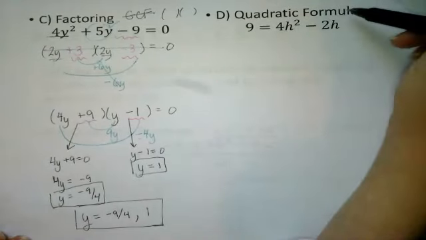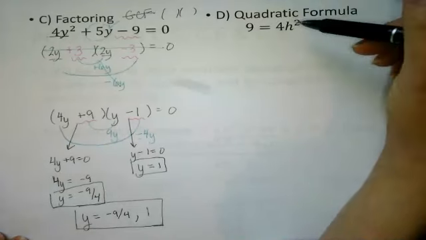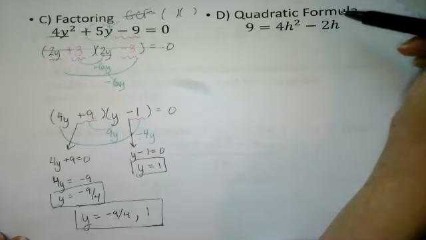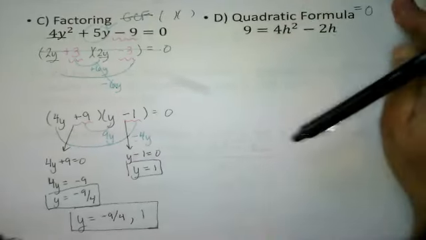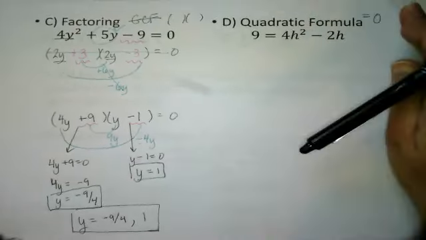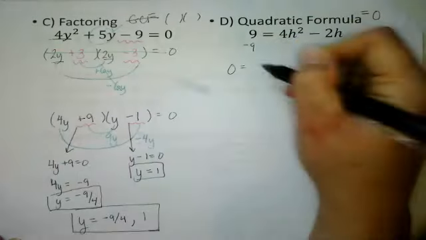Here, they're asking us to solve using the quadratic formula. And so, in order to use the quadratic formula, I need it to be equal to 0. So the first thing I'm going to go ahead and do is subtract 9 so that my equation is set equal to 0.